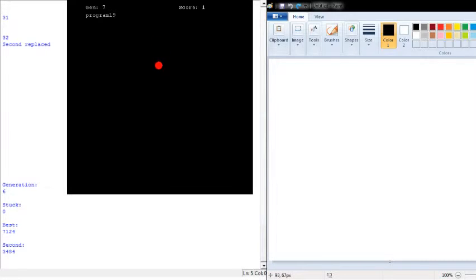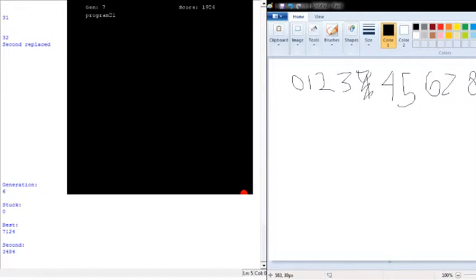You have 0, 1, 2, 3, 4, 5, 6, 7, 8, and 9. And these digits are used to create every number in the decimal system.